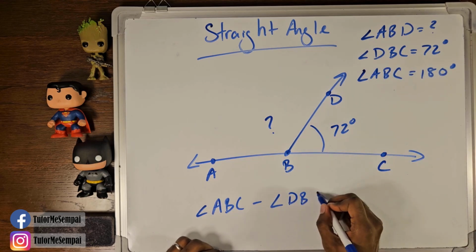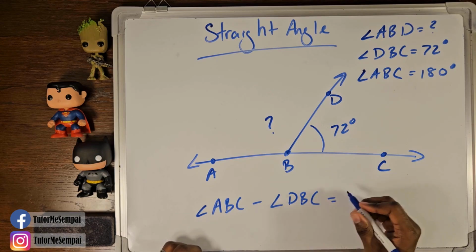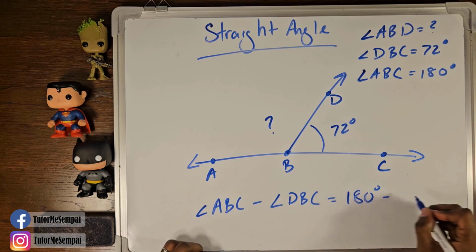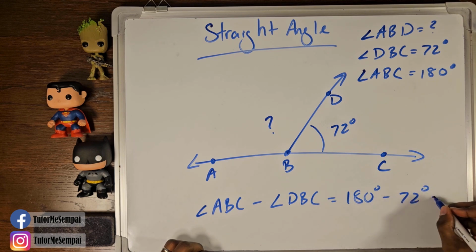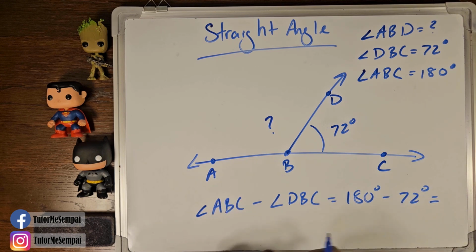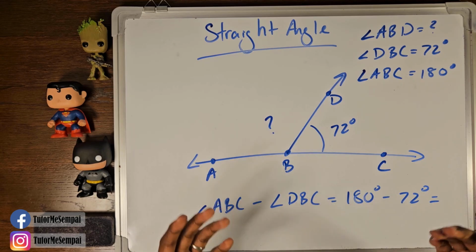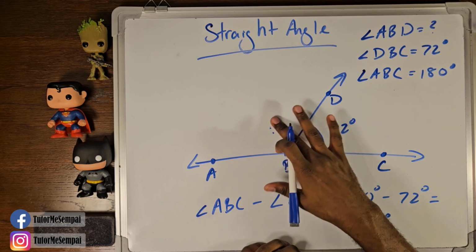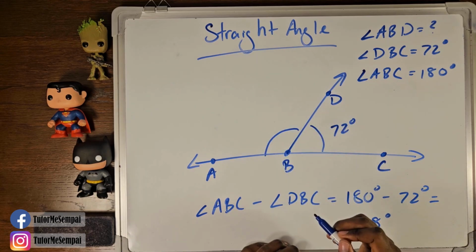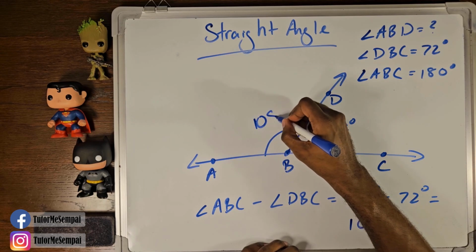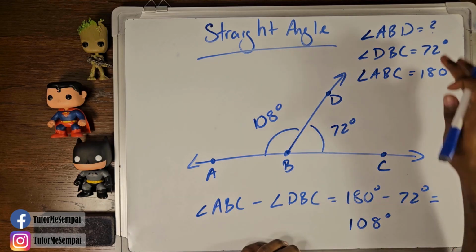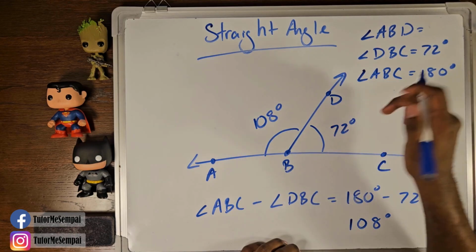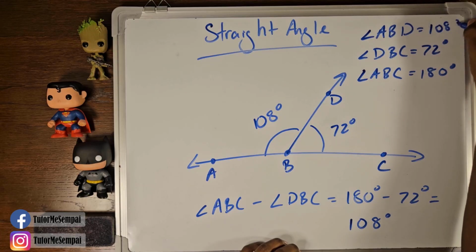DBC, and that's going to be 180 degrees minus 72 degrees. And what's going to be the answer when you subtract these two angles? Well, the resulting angle is going to be 108 degrees. This is what's left over. That means that this here is the remaining 108 degrees. Now we know what our angle ABD is, 108 degrees.